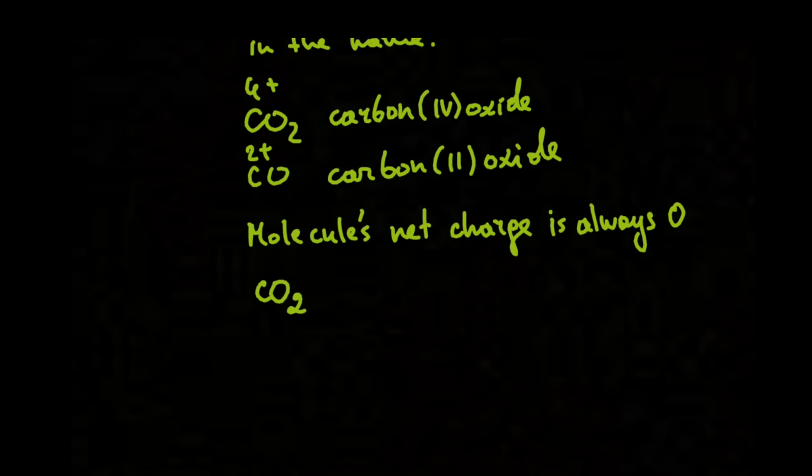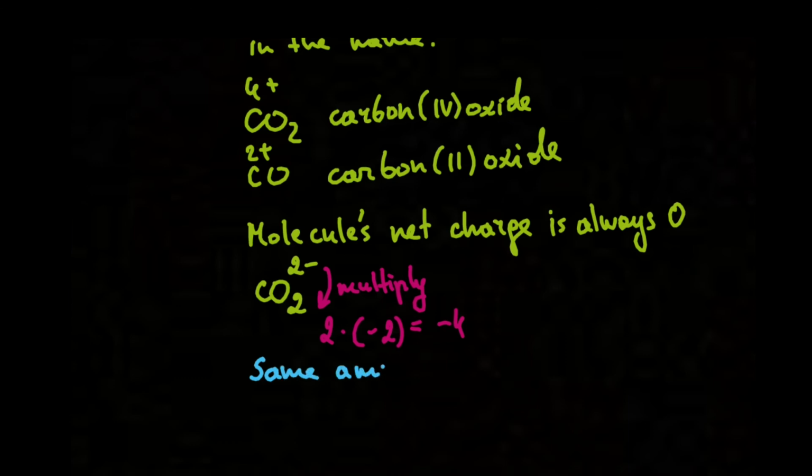What we know is that in every molecule, oxygen charge is always 2-. So all we have to do is to multiply subscript with charge, and we get 4-. Now, as I said before, there must be the same amount of positive and negative particles. And because we don't have a subscript near the carbon, that means that there is only one carbon in the molecule.